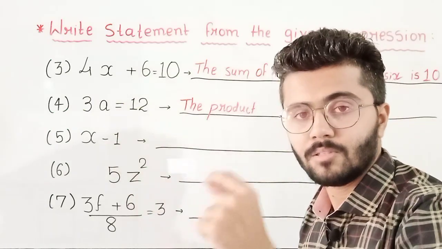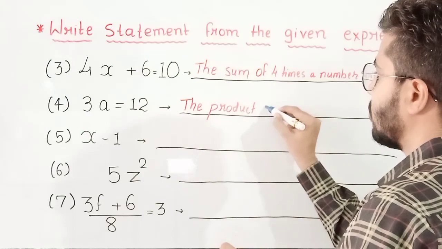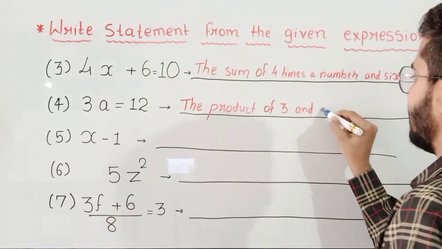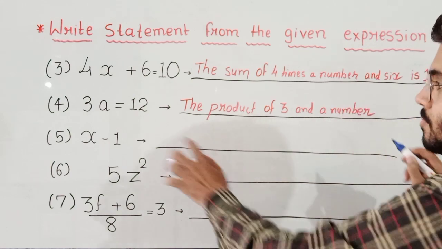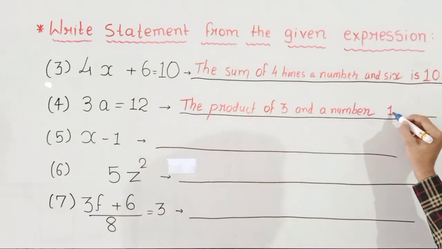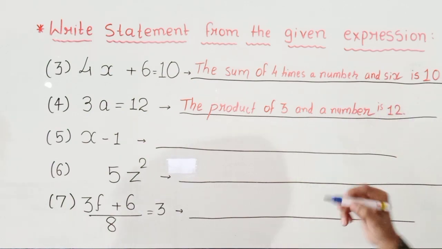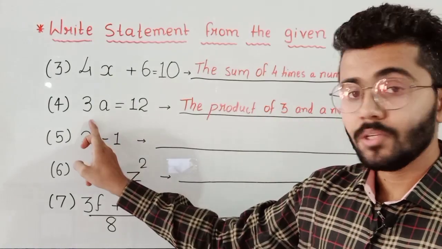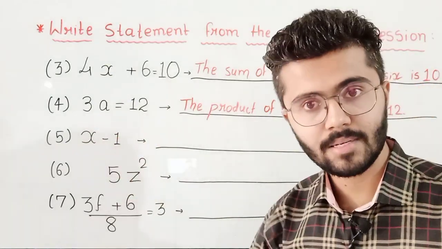But you can write the product of 3 and a number. What is the product? Answer is 12. So we'll write a number is 12. So the product is 12. Or else you can also write 3 times a number gives 12. That is also a correct statement.